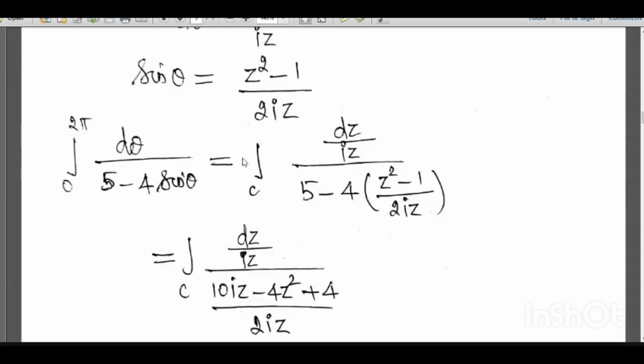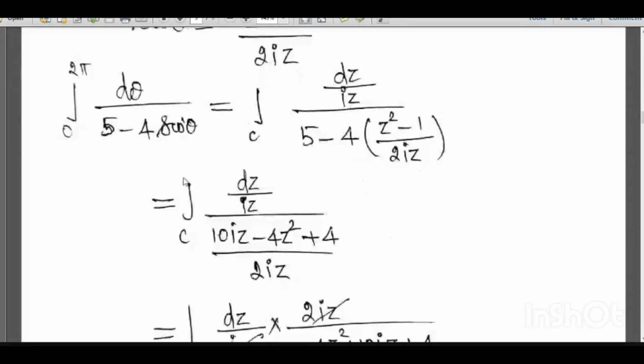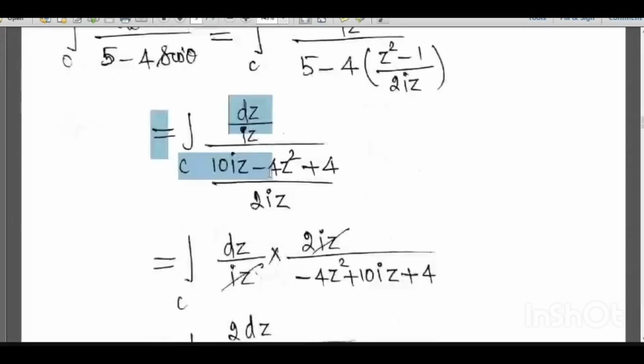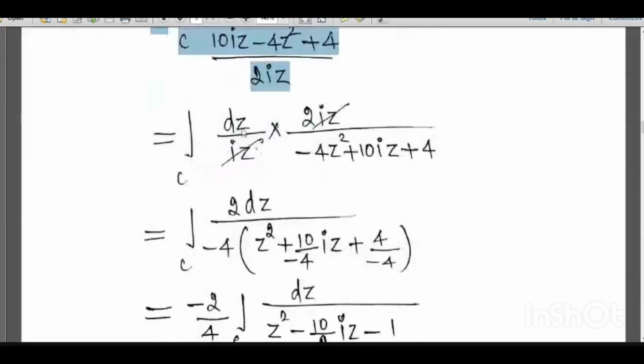So the integral over c of dz divided by iz, whole divided by 10iz minus 4z square plus 4 over 2iz, if you take the LCM. So the integral over c of dz divided by iz into 2iz divided by minus 4z square plus 10iz plus 4.